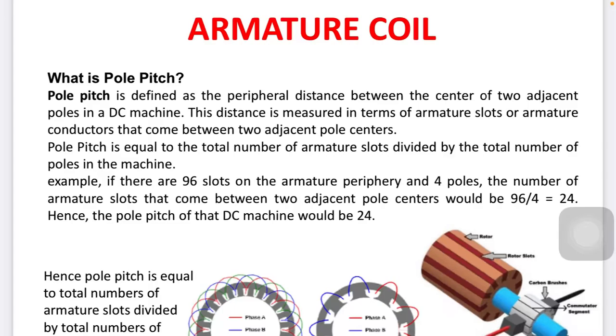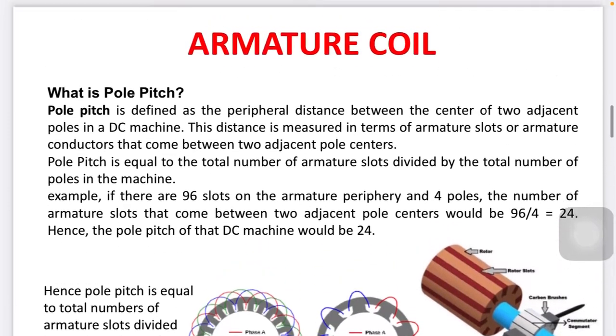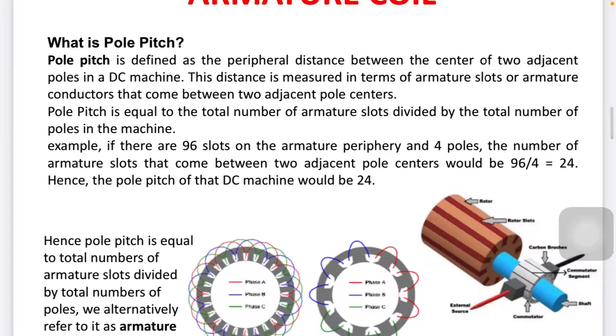So how do we calculate the pole pitch? Pole pitch is the total number of armature slots divided by the total number of poles, that is, slots per pole. Simple, that is called the pole pitch. For better understanding, I consider one example.